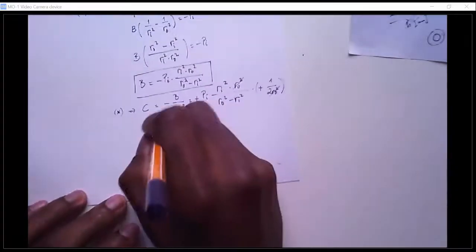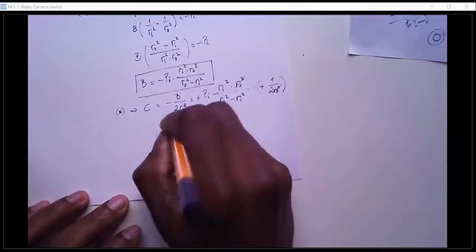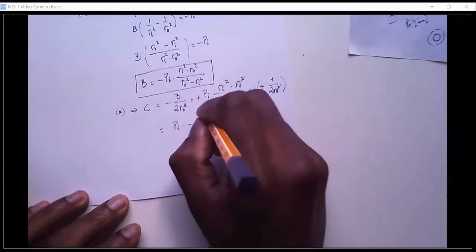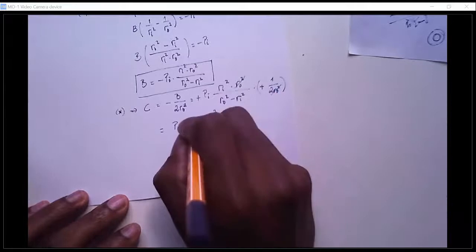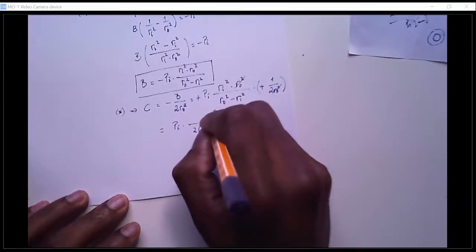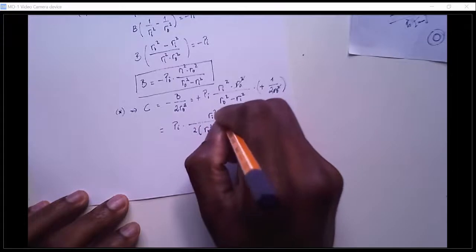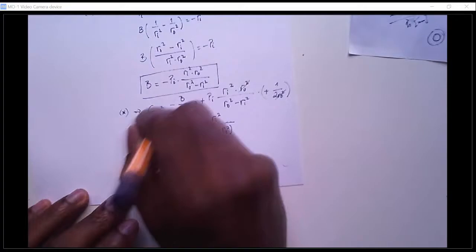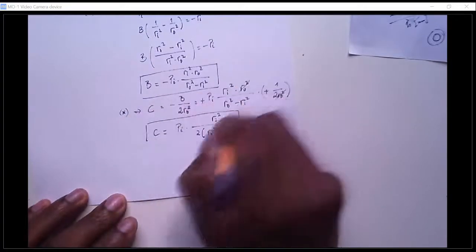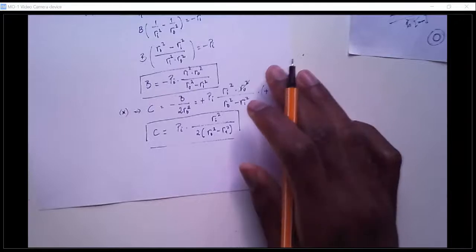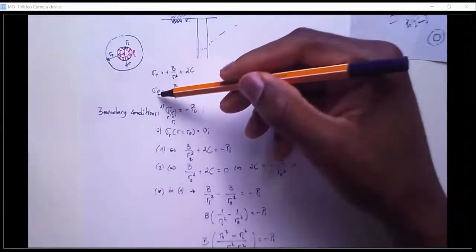So C is then pi times ri squared divided by 2 times ro squared minus ri squared. That's C.